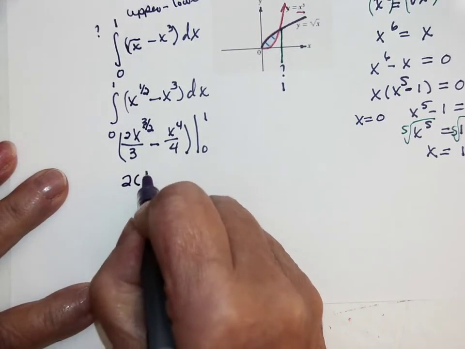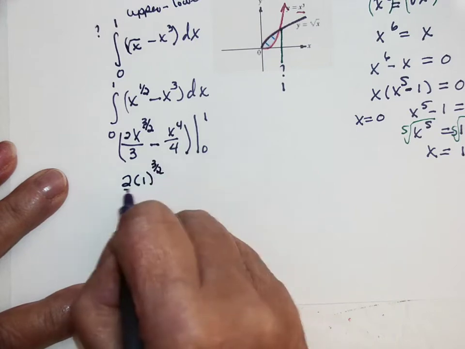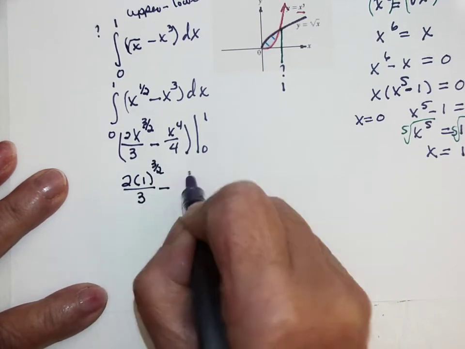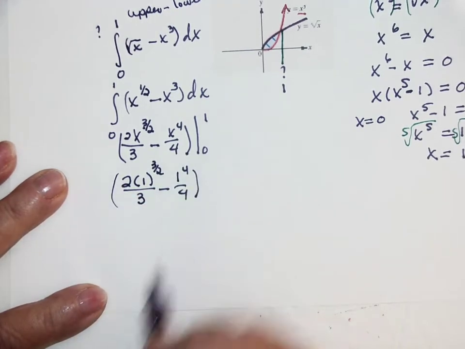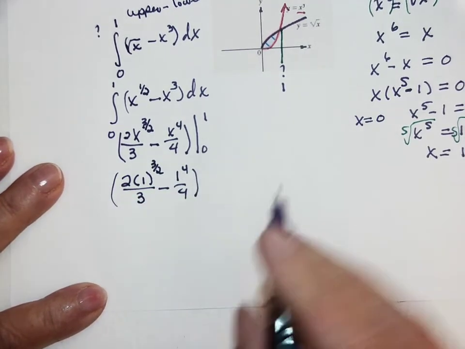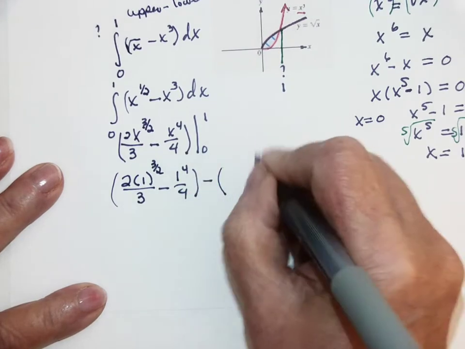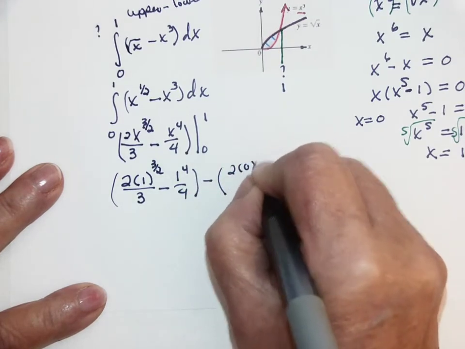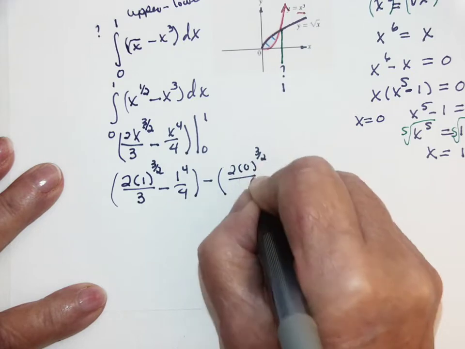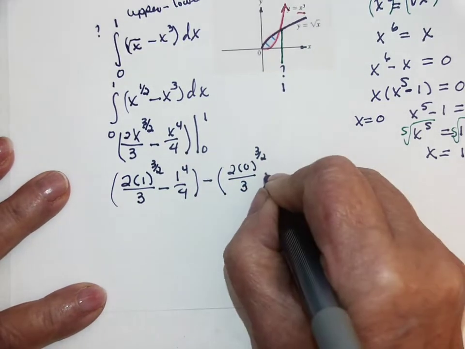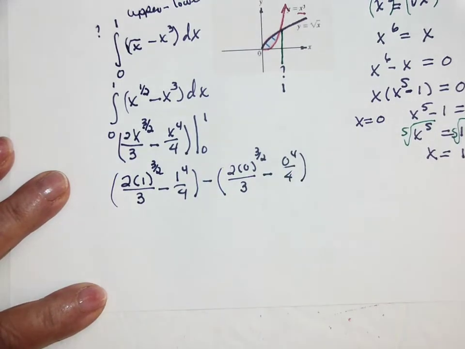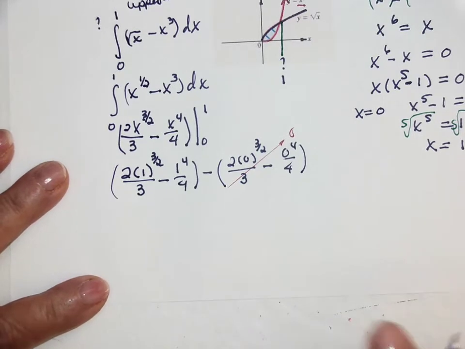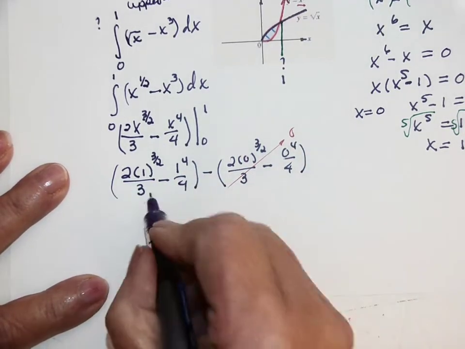So it's 2 times 1 to the 3/2 over 3 minus 1 to the 4th over 4, minus the lower: 2 times 0 to the 3/2 over 3, minus 0 to the 4th over 4. And so notice that this happens to be 0. These are 1s.